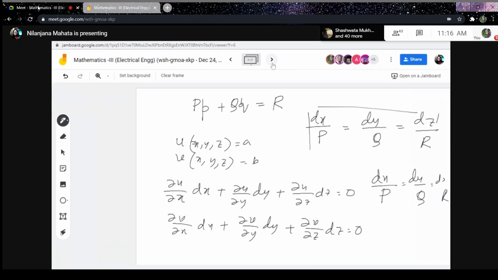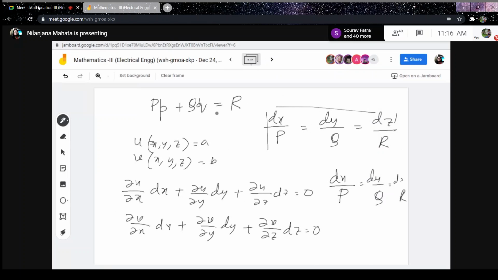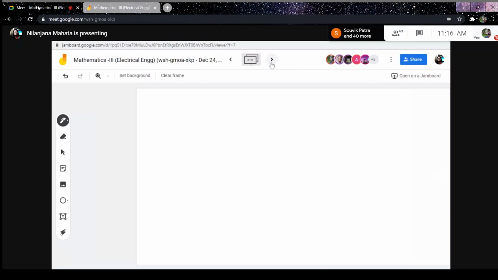So whenever your differential equation is in this form, we will write the subsidiary equations and solve it, and it is a very easy method. Okay, let's start with a very simple problem.